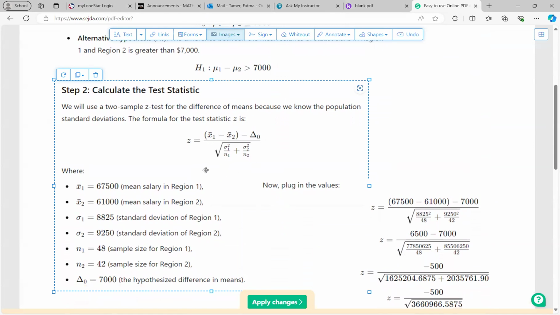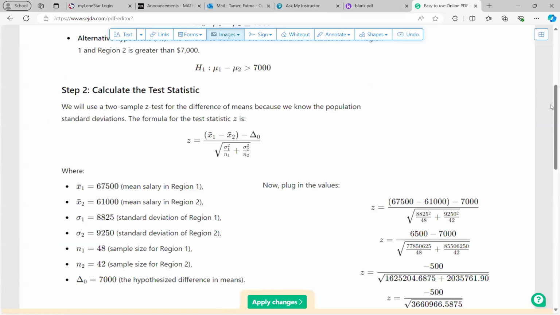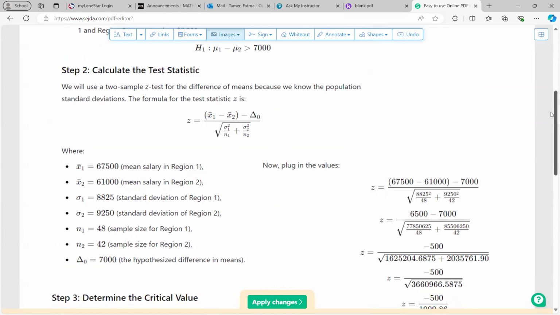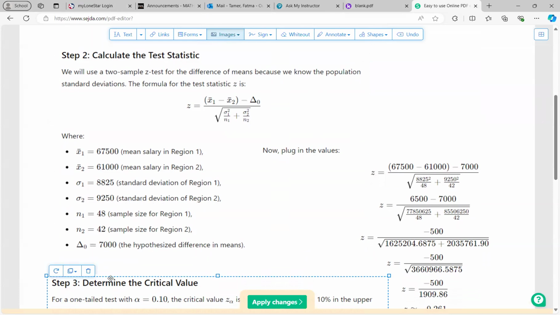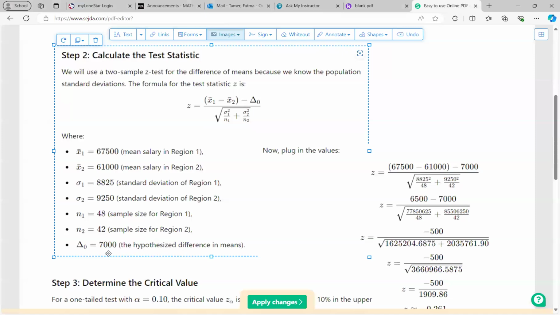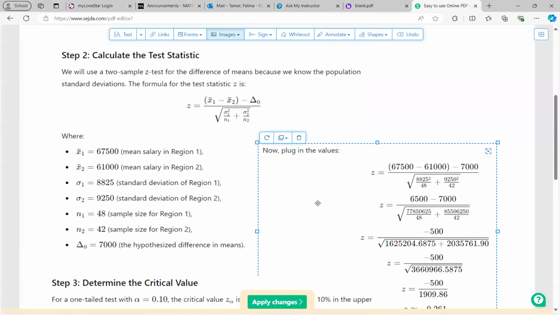At the bottom, we need the square root of sigma 1 squared over n1 plus sigma 2 squared over n2. x1 represents the mean salary for region 1, x2 represents the mean salary in region 2. Sigma 1 is the standard deviation for region 1, and sigma 2 is the standard deviation for region 2. n1 is the sample size for the first region, and n2 is the sample size for the second region. And delta 0 represents the hypothesized difference in means, which is 7,000 in this case.